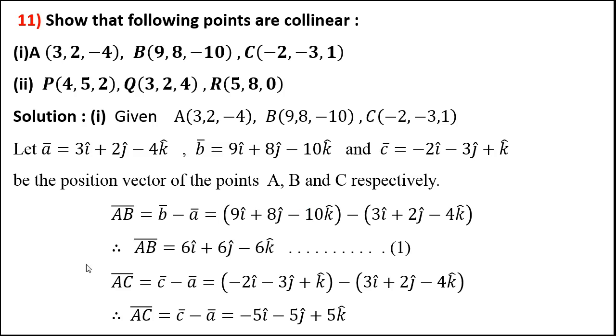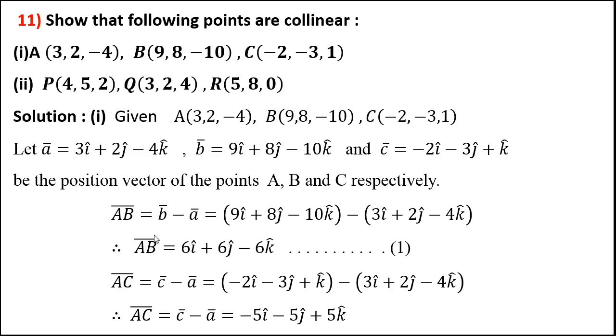Let us look at the steps. First step is we write given points, write their position vectors. Find AB bar, find AC bar. You can take BC bar also. Instead of taking AC bar, you take BC bar and try to solve this problem.